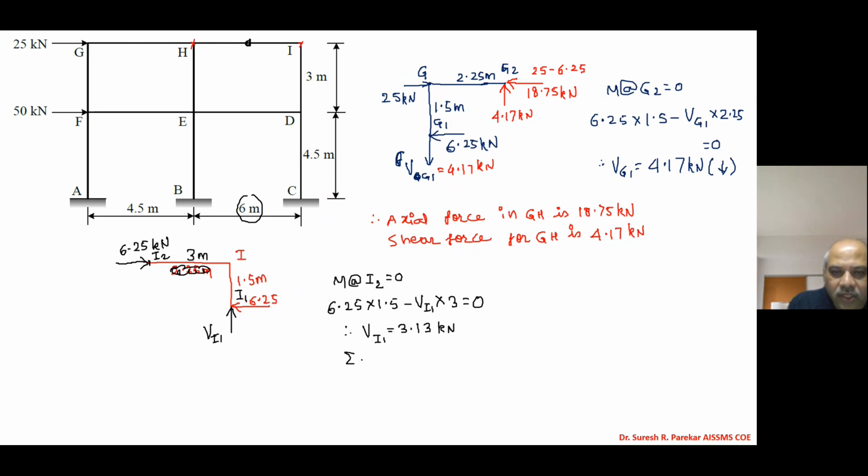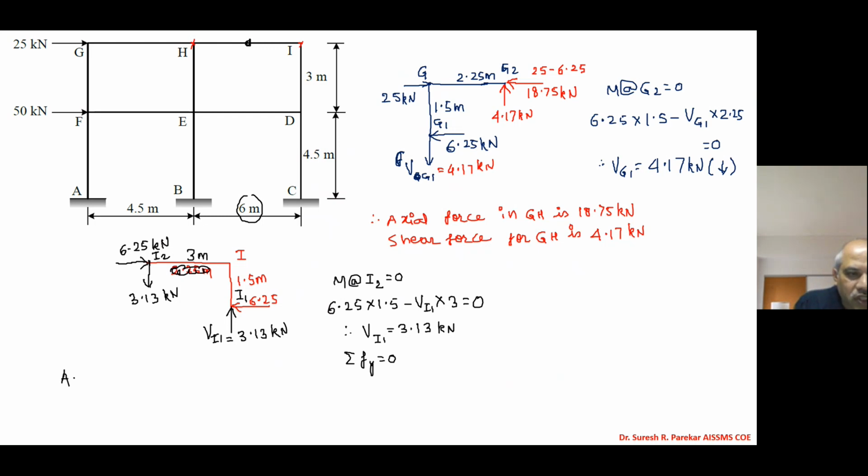And now apply summation Fy equal to 0. So automatically I will get, this will be downward and 3.13 kilonewtons, this is upward. So summation Fy equal to 0. So Vi1 upward, so Vi2 we should get downward.